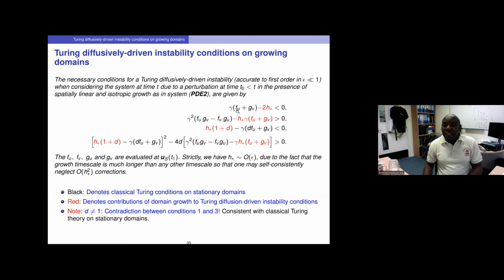But if you multiply this by minus, there's a contradiction if d was 1. If you plug in d to be 1, you immediately have a contradiction between the first and the third one. Now let's assume that you introduce domain growth, and again you take d to be equal to 1.